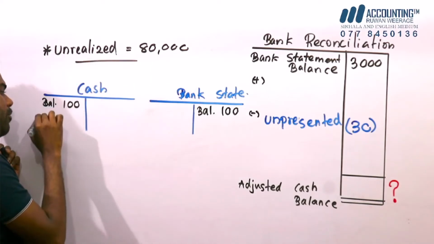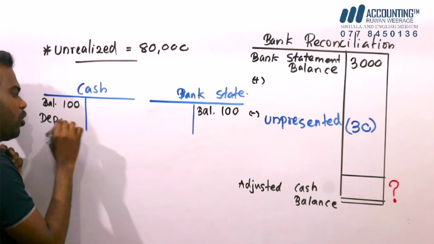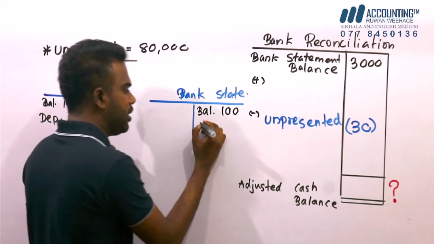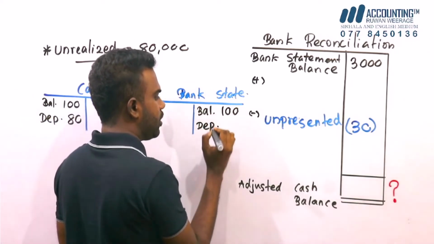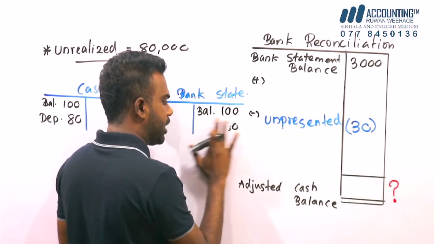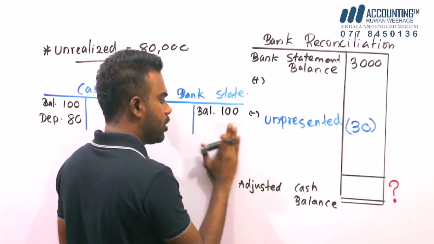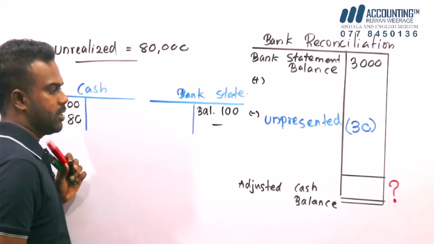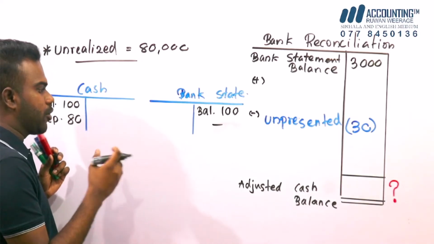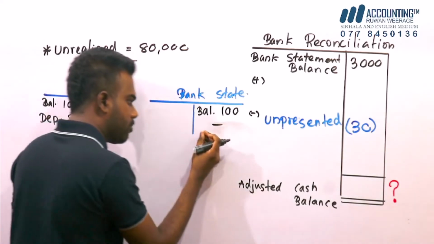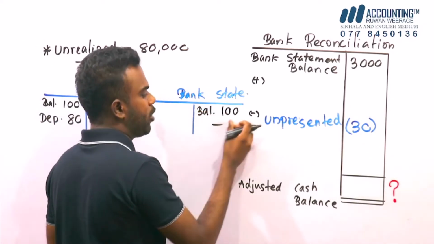When we deposit, we record it in the debit side of the cash account, but in the bank statement they should record it in the credit side, right? But if it is not realized, not deposited, then they have not yet recorded it in the credit side, right? This is the scenario. We have recorded it as a deposit, but unrealized means in the bank statement they have not yet recorded it, right?